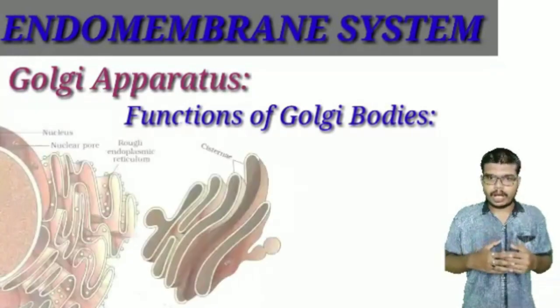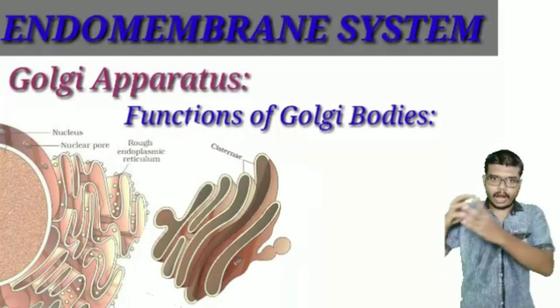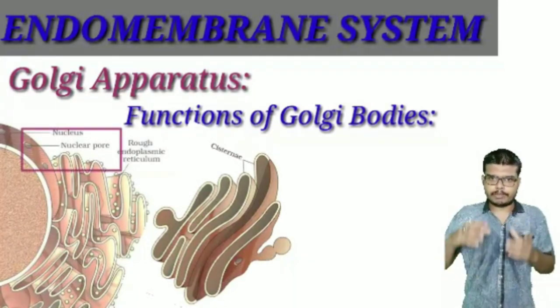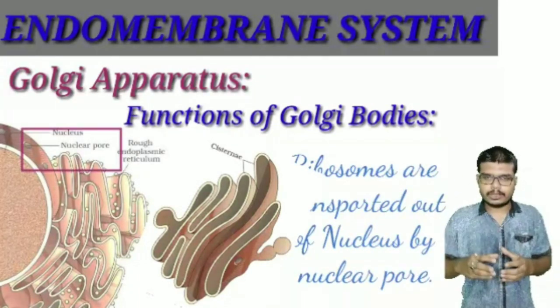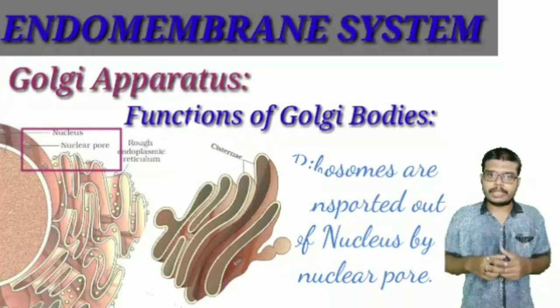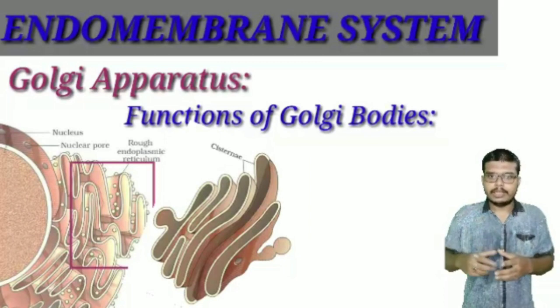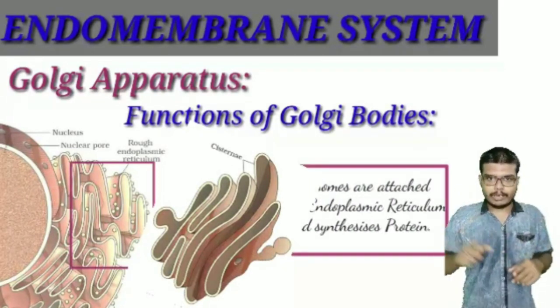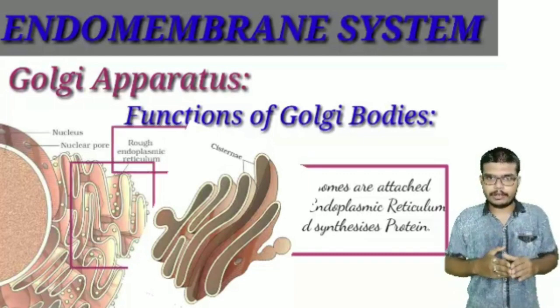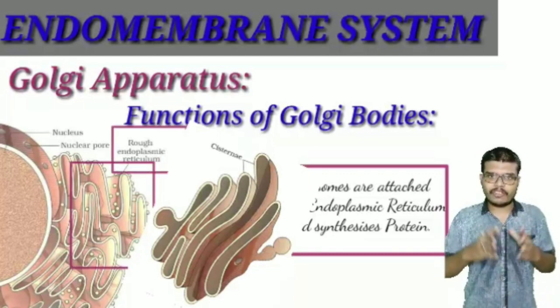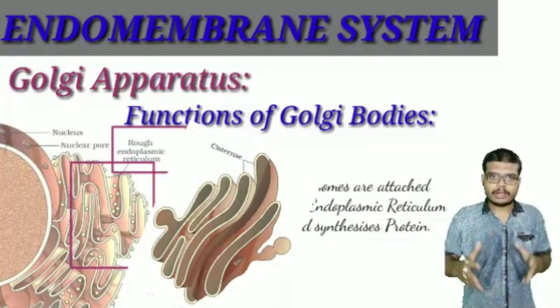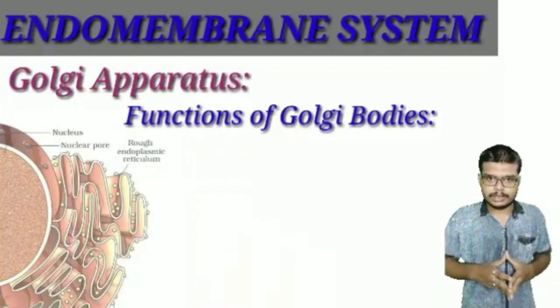These ribosomes are transported out of the nucleus through nuclear pore complexes, the pores present in the membrane of the nucleus, and then they are attached to the surface of the endoplasmic reticulum, well known as rough endoplasmic reticulum, and synthesize proteins.